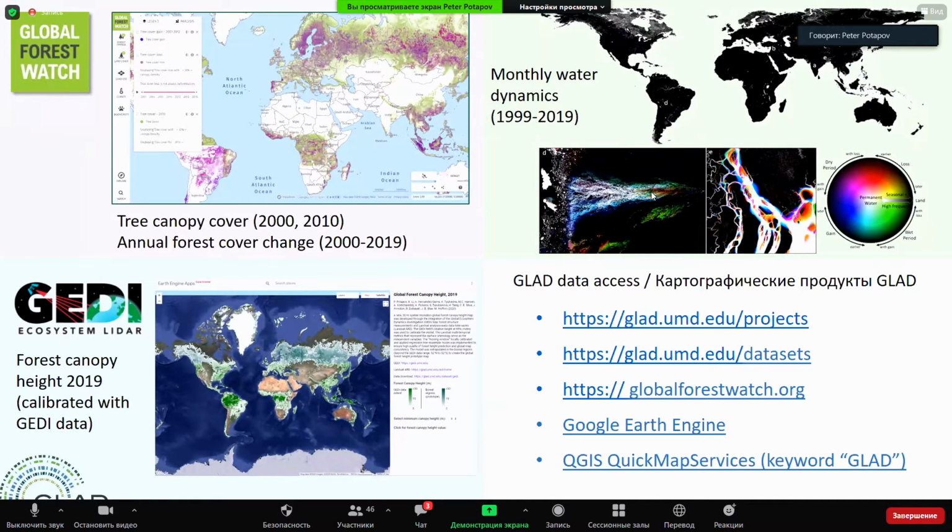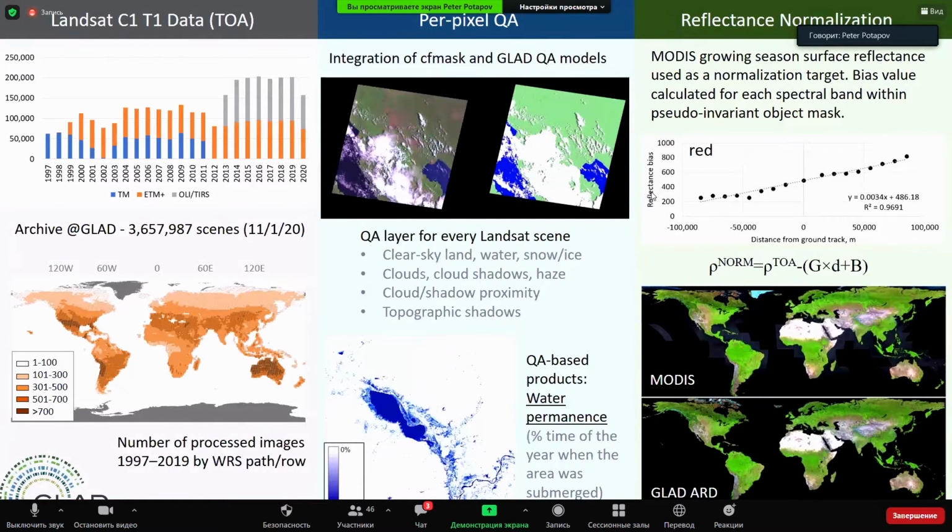Again, you can find our products not only at our own website, but you can also go to Global Forest Watch, their websites. Most of our products are also available via Google Earth Engine, and some of our products are also distributed as quick map services, and they're available in QGIS using the QMS extension.